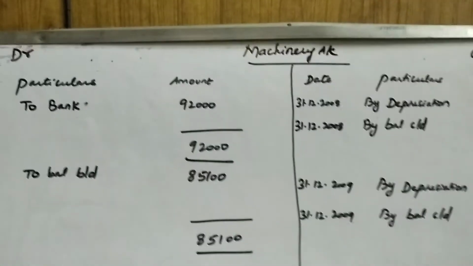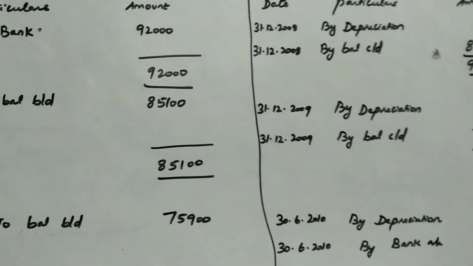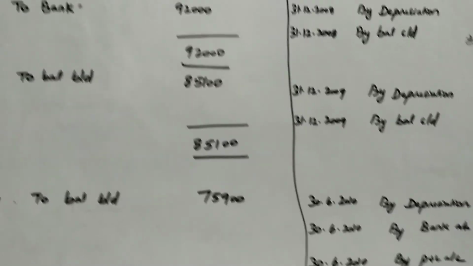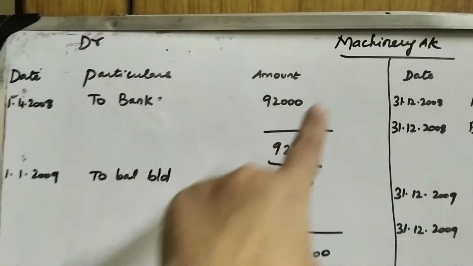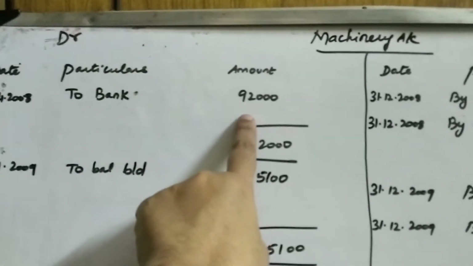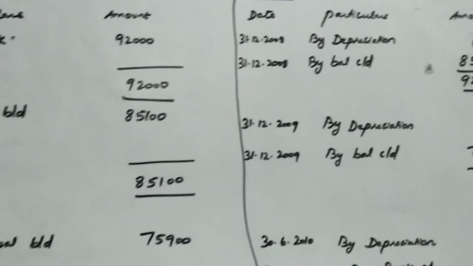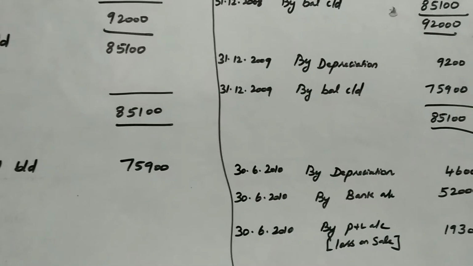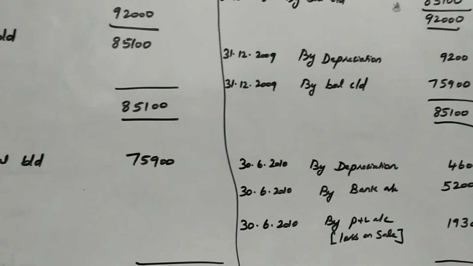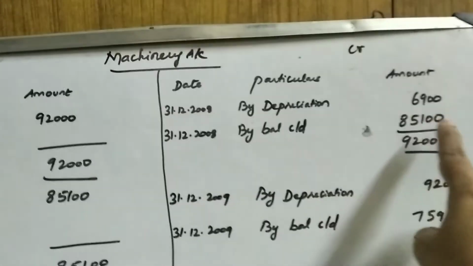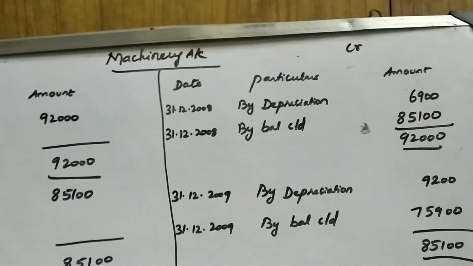First entry, for the purchase of machinery, we know machinery account debtor to bank. So machinery to bank 1/4/2008, we are writing to bank. And then the second entry, depreciation account debtor to machinery account, we are providing depreciation. 31st of December 2008, by depreciation 6,900.